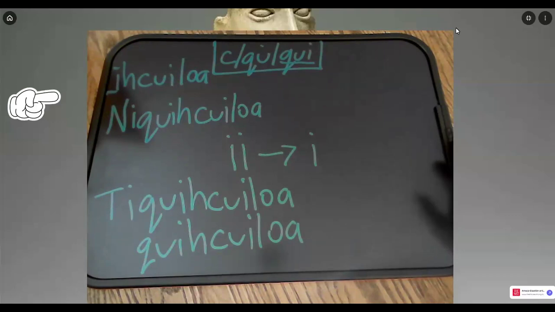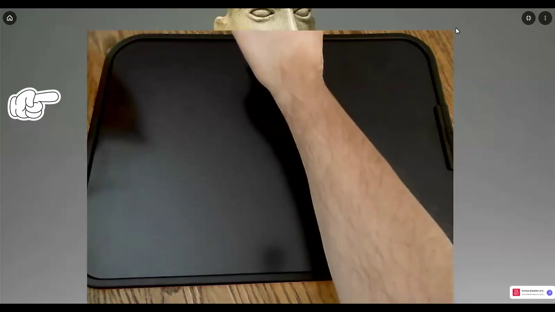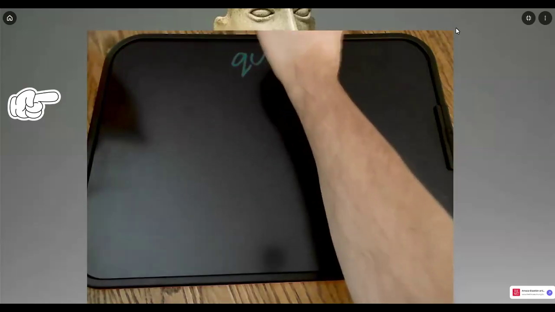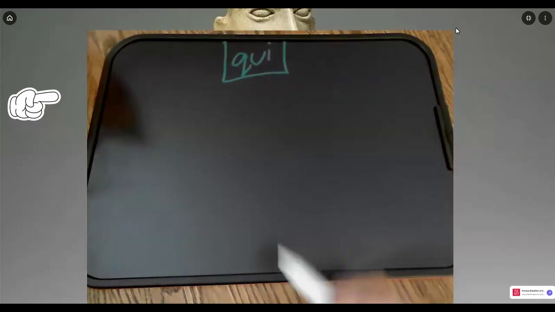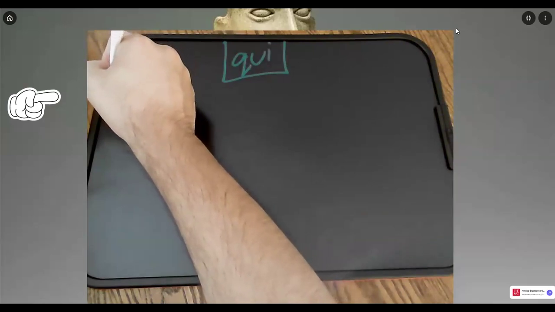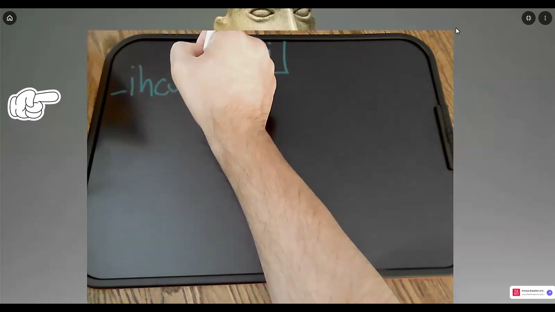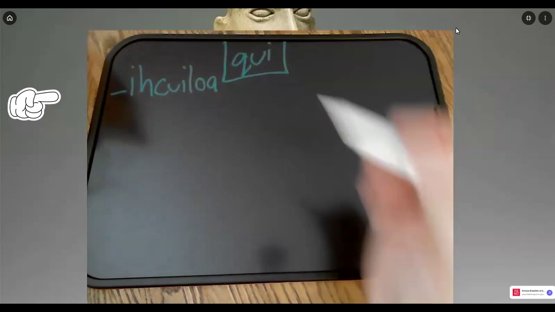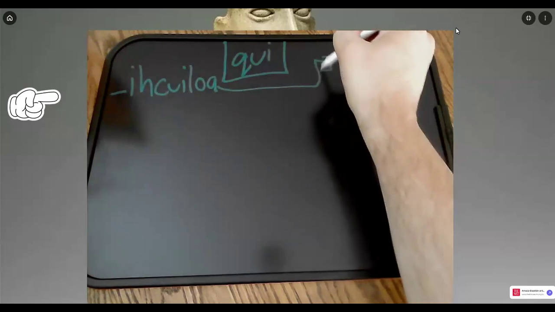So, what about the plurals? Again, we're going to be using ki for the object for the verbs that start with an e. So we're going to take a look at another one, but right now we're working with ihquiloa. This is what we call a class 3 verb.